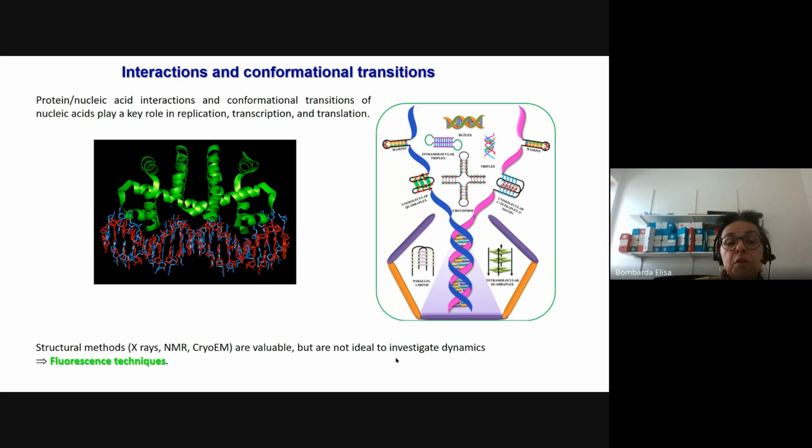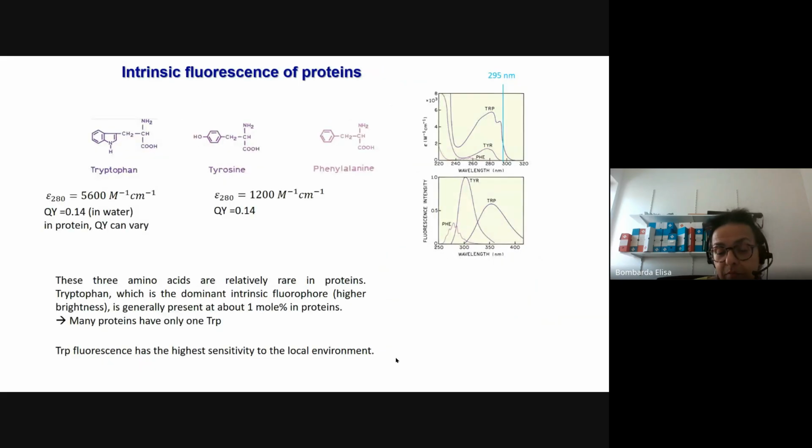So, that was a common overview for the two major biopolymers of life. Now I focus today on proteins, and tomorrow we'll see the amino acids.